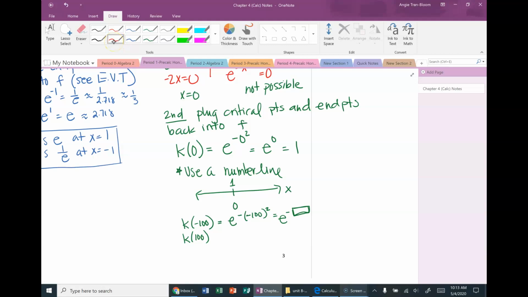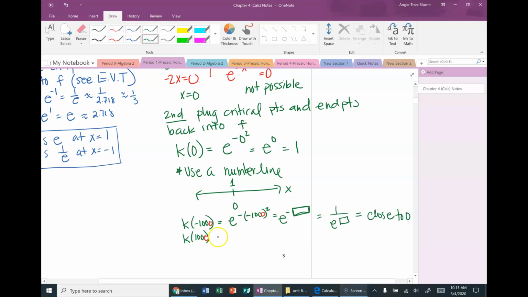It doesn't really matter what number you pick on the right or left. So pick one on the right and pick one on the left. So each is some negative number. Again, it doesn't really matter. Then what happens? You want to do 1 over e to the positive something really, really big. That means this is getting very, very close to 0.